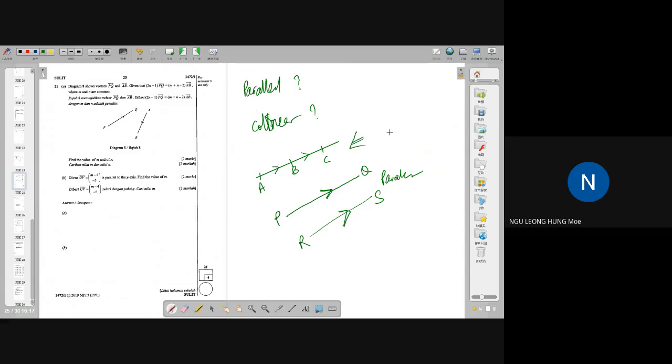And this one is collinear, right? If you understand, reply me 1. If not, reply me 2. How about the others?